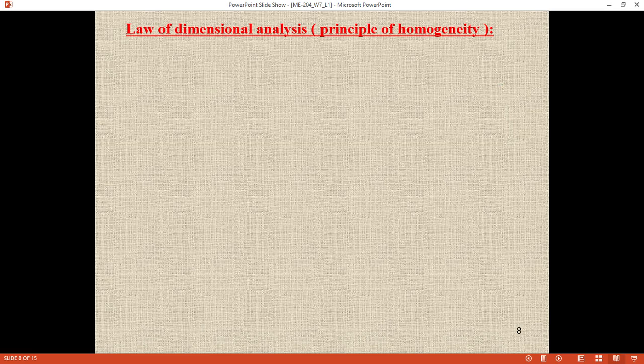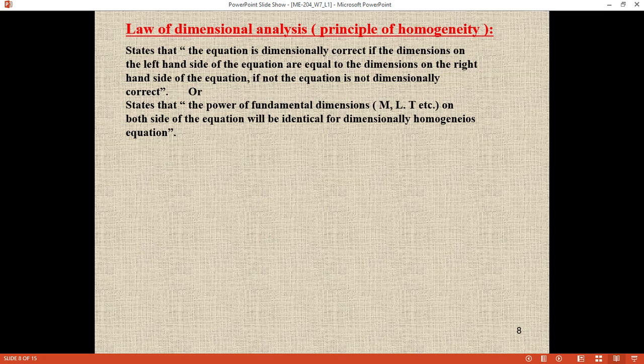Now let's see the law of dimensional analysis, or the principle of homogeneity. What is the principle of homogeneity? It states that an equation is dimensionally correct if you develop a relationship between the variables. What is an equation? An equation is the relationship between different variables.